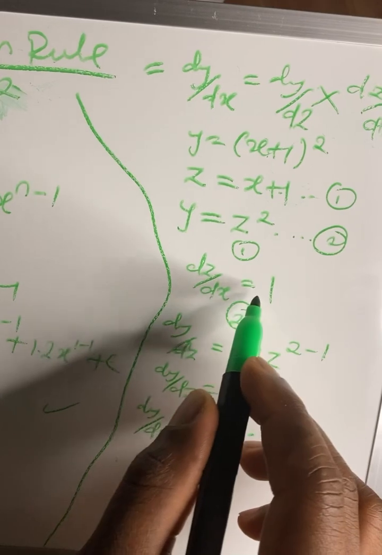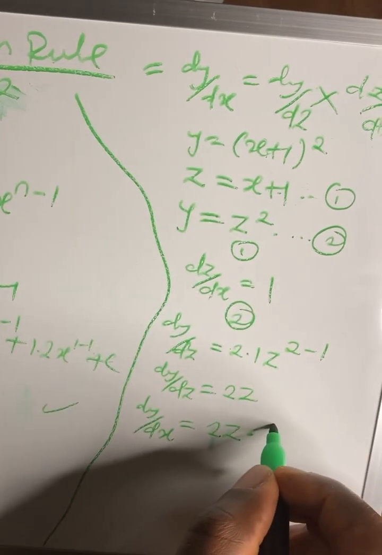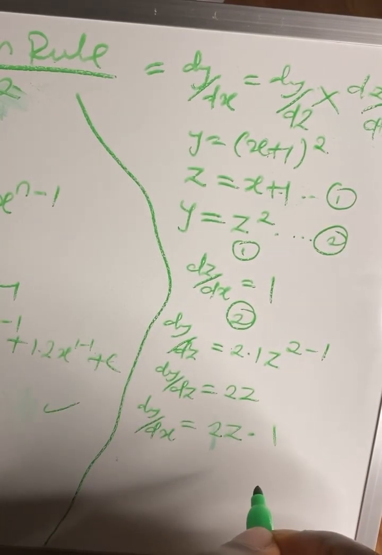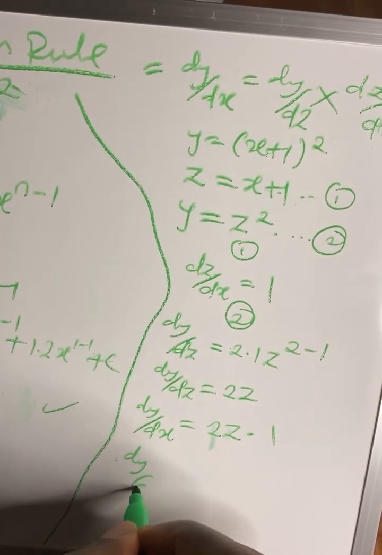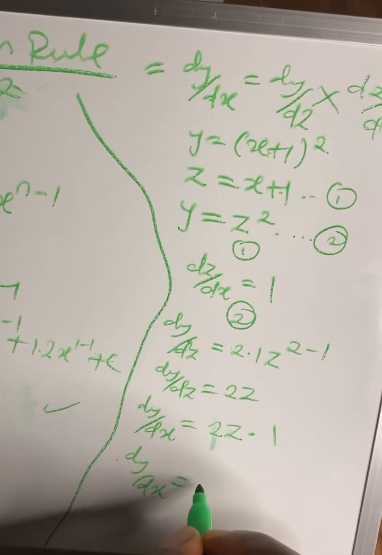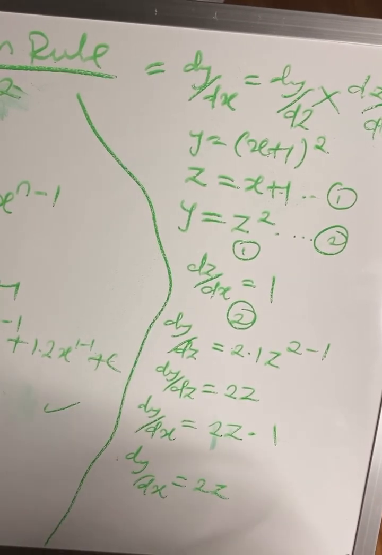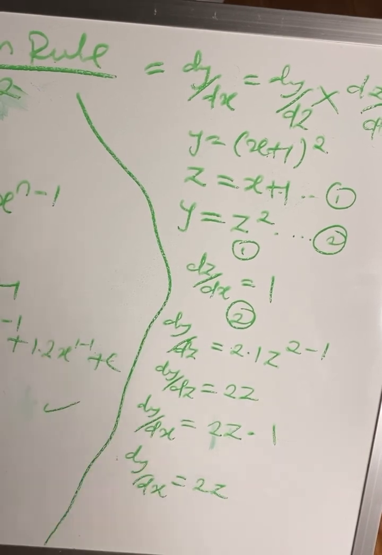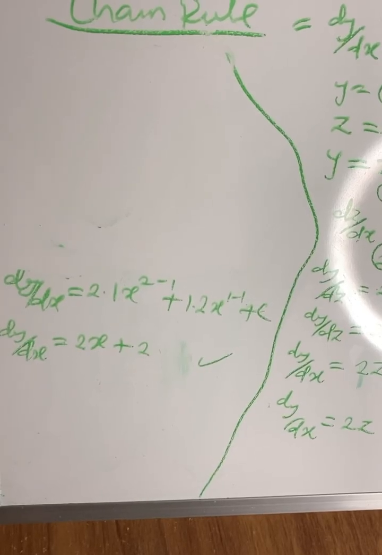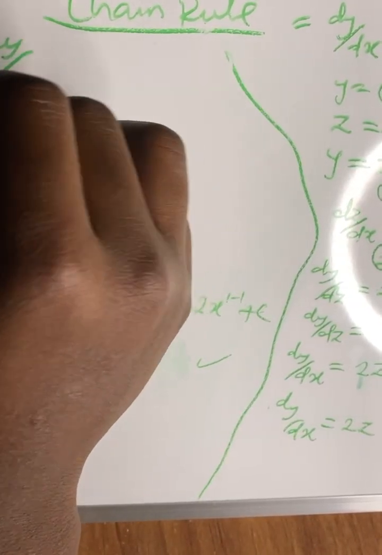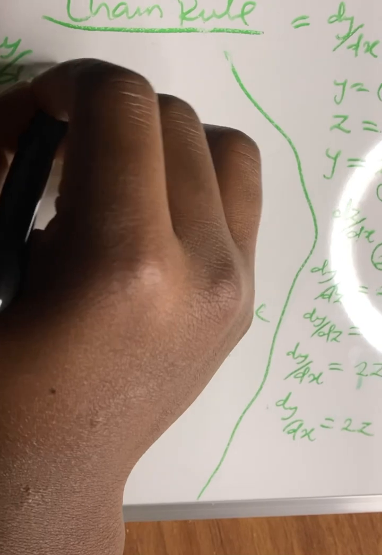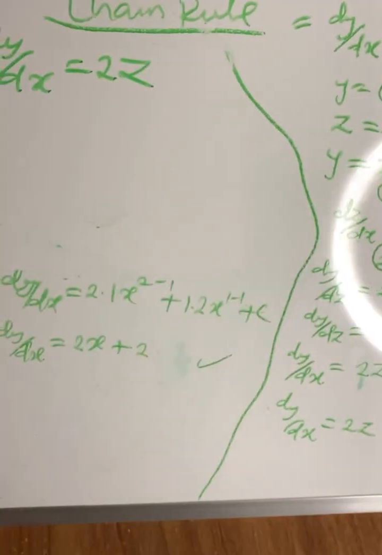Dz dx is 1, so 2z multiplied by 1. So our dy dx is equals to 2z. So we have gotten that our dy dx is equals to 2z.